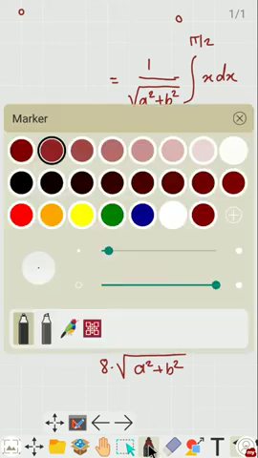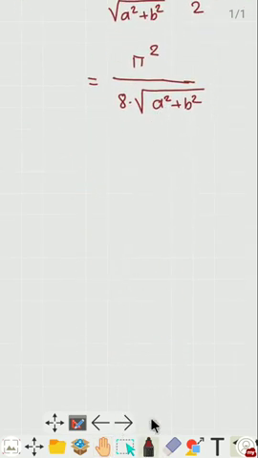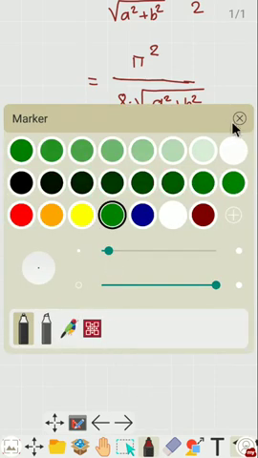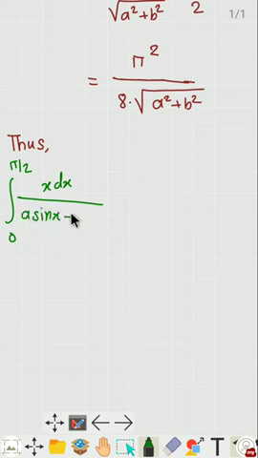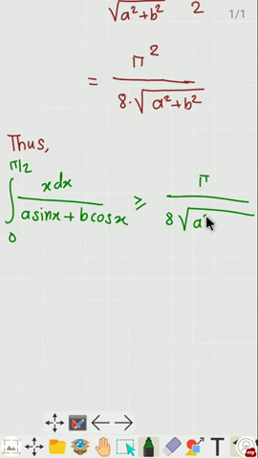Okay, thus finally we have the required inequality: integration over 0 to pi by 2 of x dx, whole divided by a sin x plus b cos x, is greater than or equal to pi upon 8 times the square root of a square plus b square.